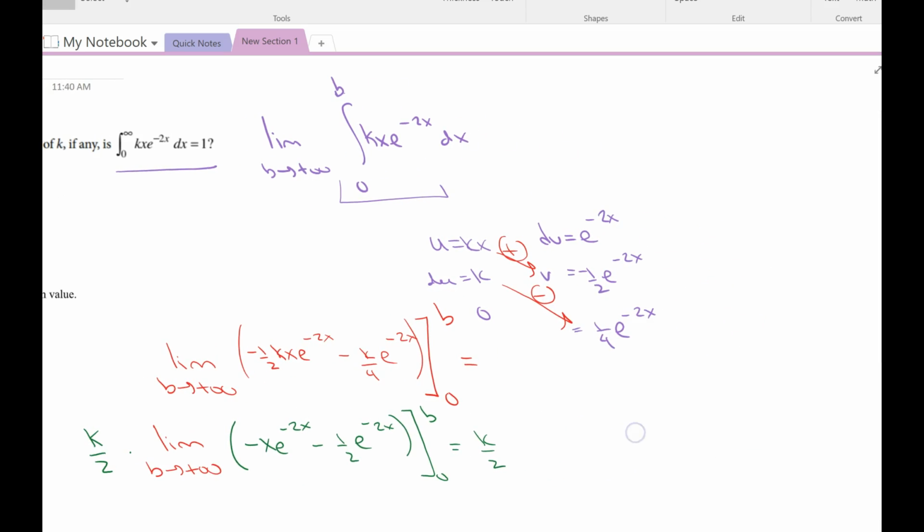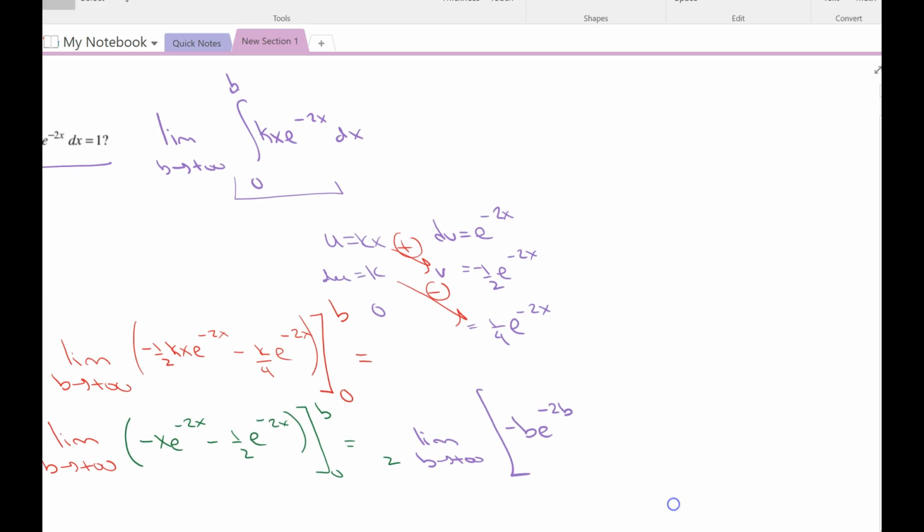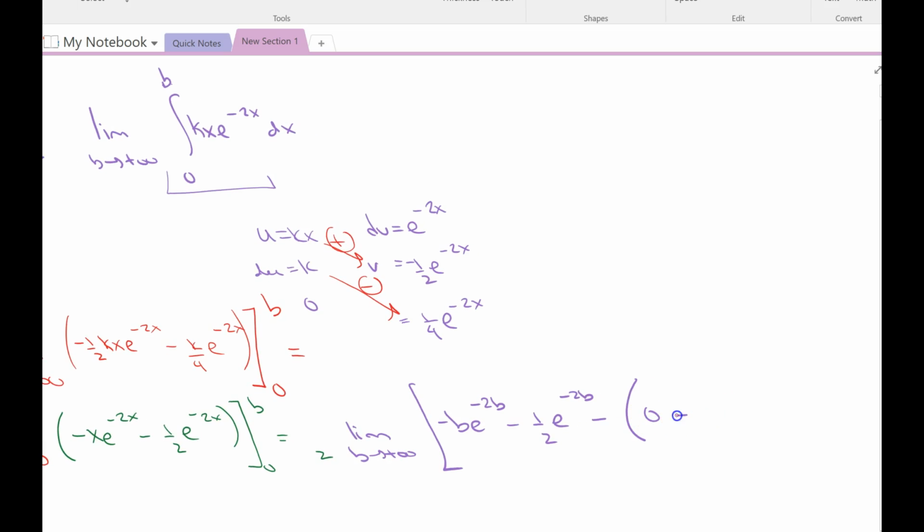Now here's where I input b and input 0 for x. It's going to get a little bit congested. So negative b times e to the negative 2b. I just realized I lost my limit statement. So k over 2 times the limit as b approaches positive infinity of negative b e to the negative 2b minus 1/2 e to the negative 2b minus the quantity 0 minus 1/2.